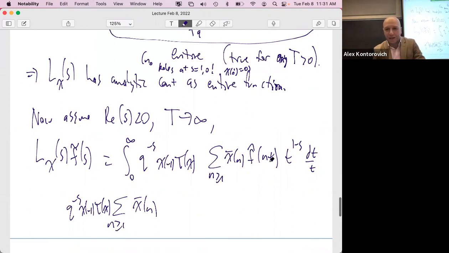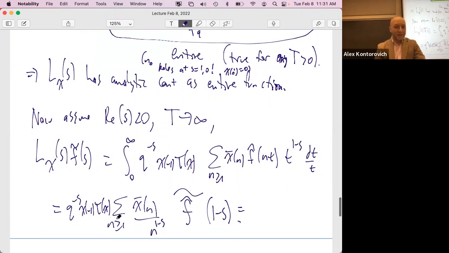Okay, and then we're going to get exactly as always over n to the 1 minus s, and then f hat tilde of 1 minus s. So it's f hat. We made a change of variables: t goes to t over n. That brings out an n to the minus s. This is the range where this converges absolutely.